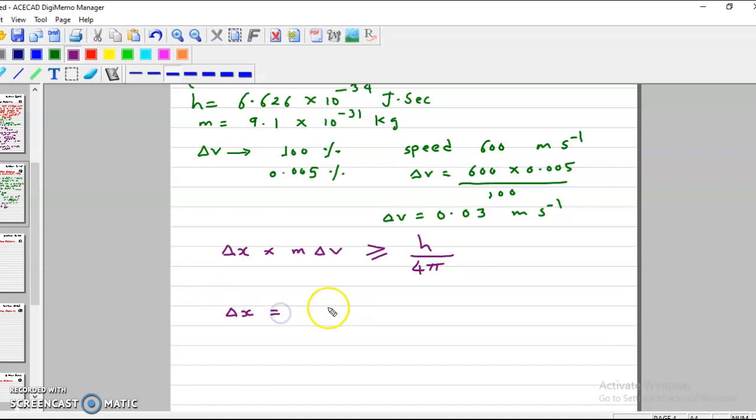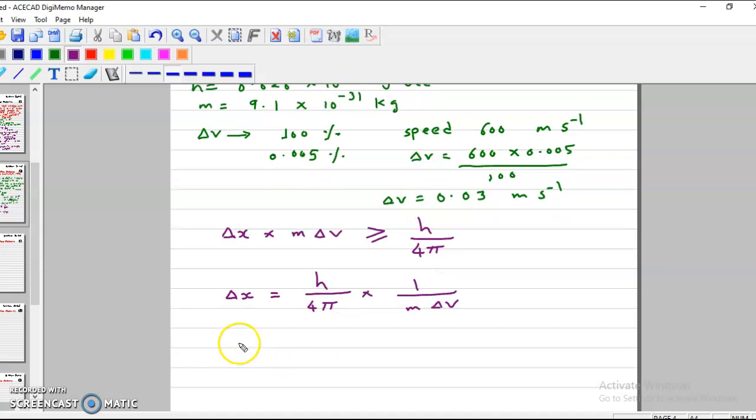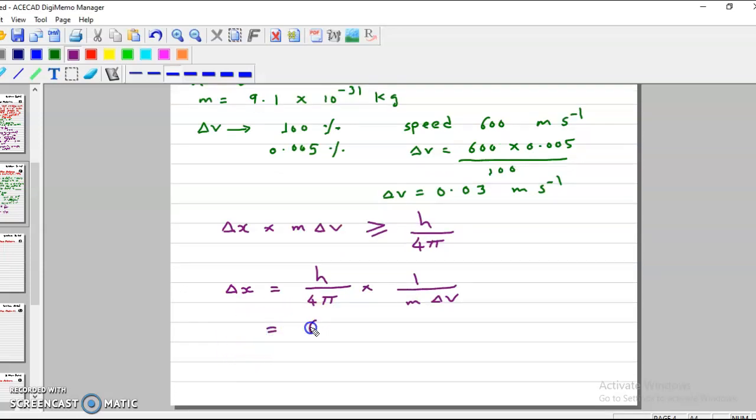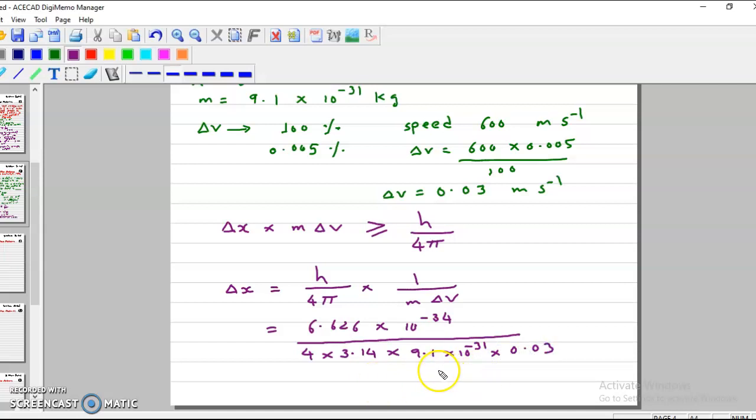So delta x is equal to h upon 4 pi times 1 upon m into delta V. Substitute values of all and we have 6.626 times 10 raised to minus 34 upon 4 pi, where pi is equal to 3.14, mass 9.1 times 10 raised to minus 31 into 0.03. Delta V is 0.03.